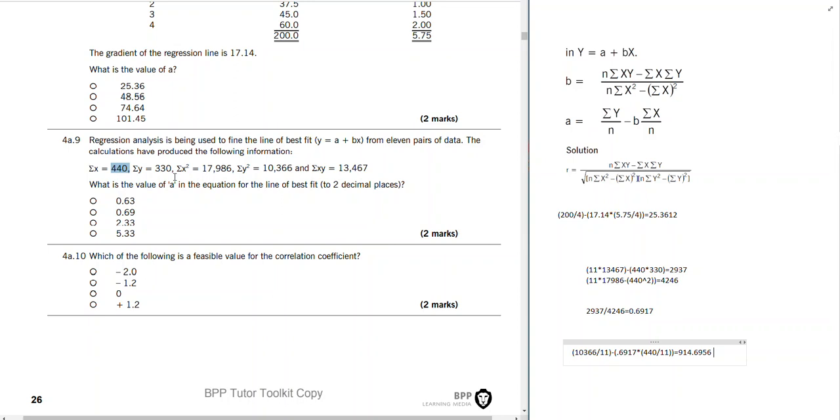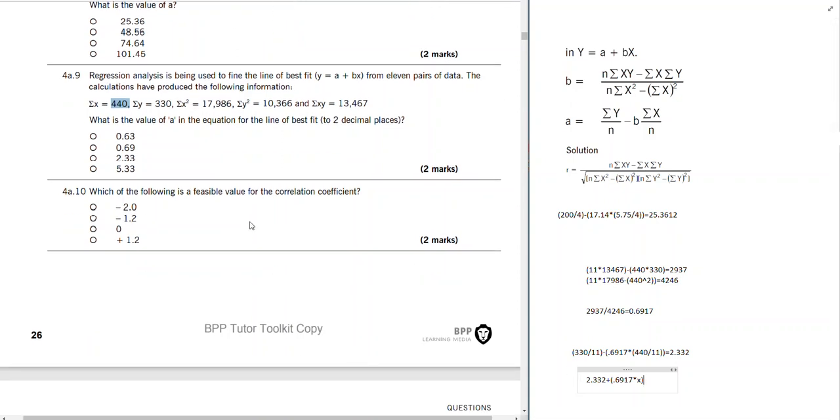Sum of y 330. I've taken sum of y squared. So we have 2.33. So the equation would be 2.332 plus 0.6917 multiplied by x.